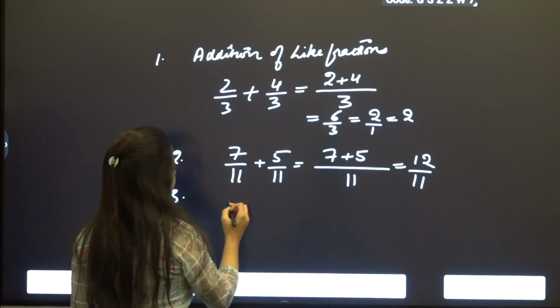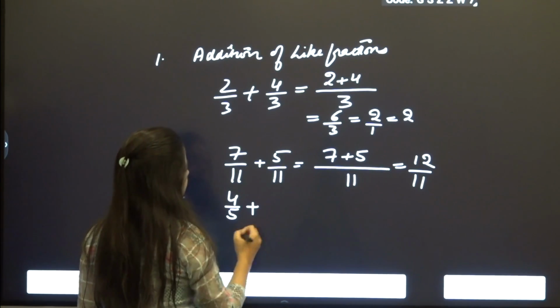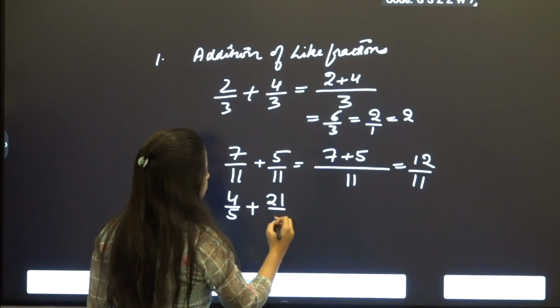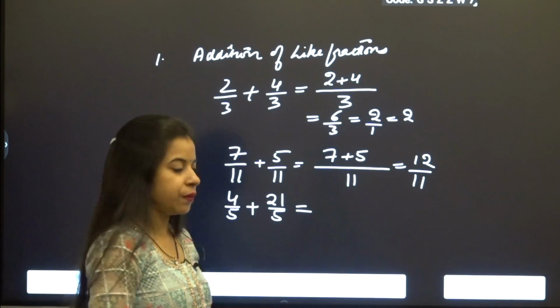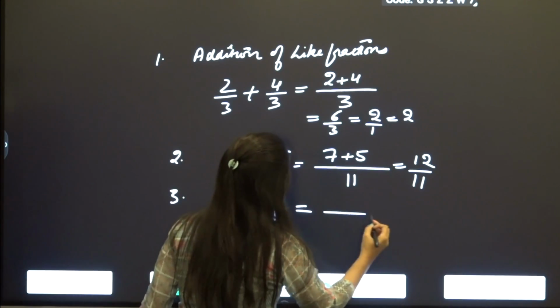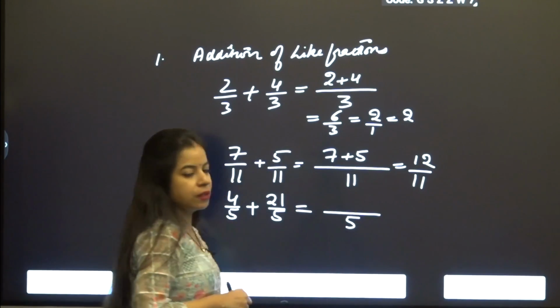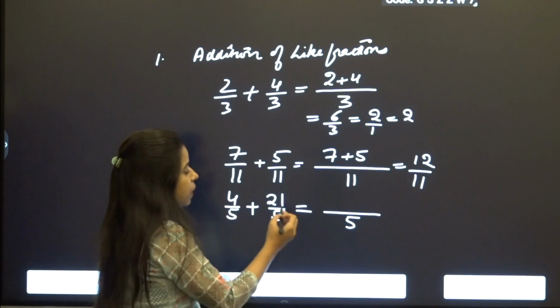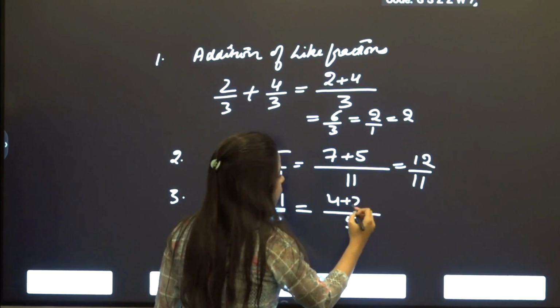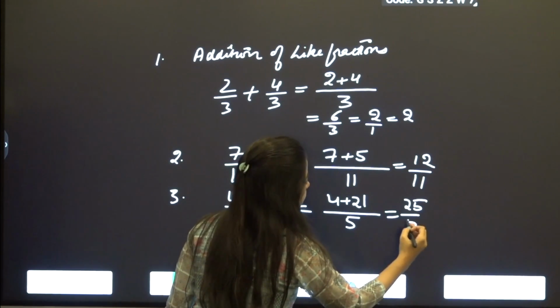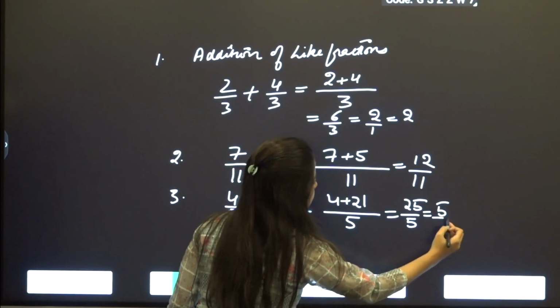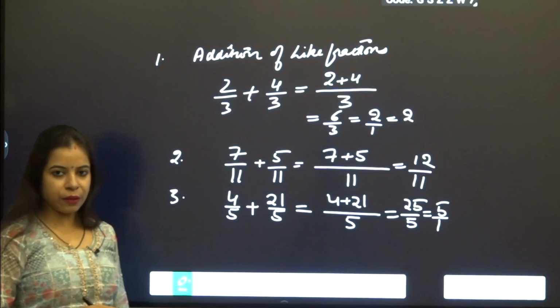Say 4 by 5 and 21 by 5. Here the common denominator is 5. So, we write 5 in the denominator and add the numerators as they are. So, the answer is 5 by 1 or simply 5.